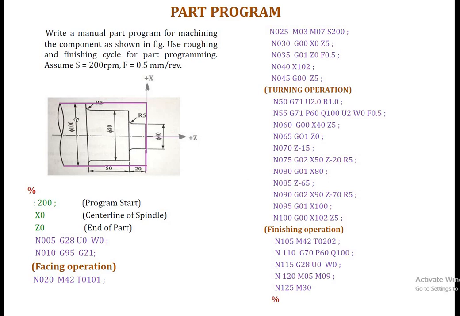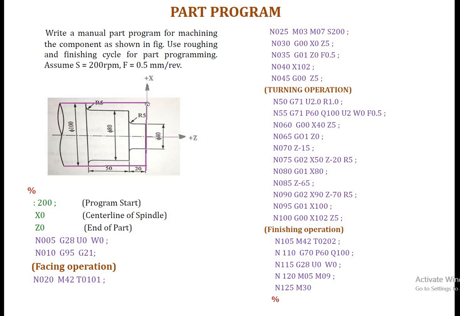So G00. At the end of this block, this complete last pass cutting operation has taken place. G00 means we want to rapidly move the cutting tool to the new position. X102. 102 means what?